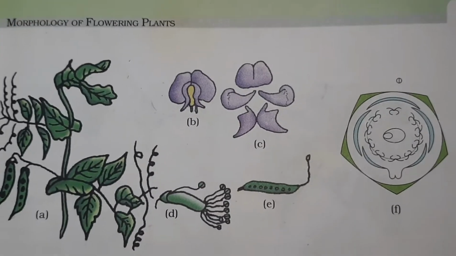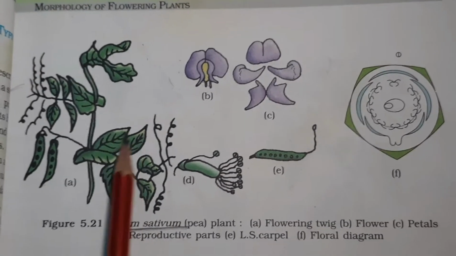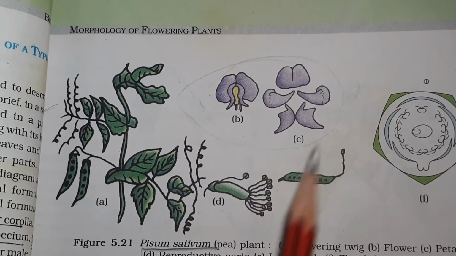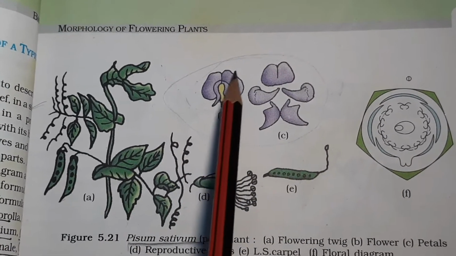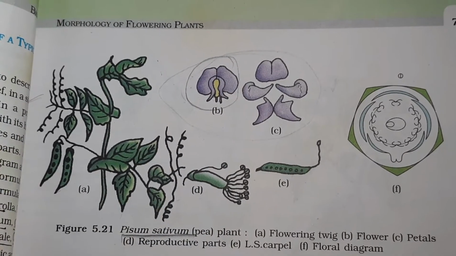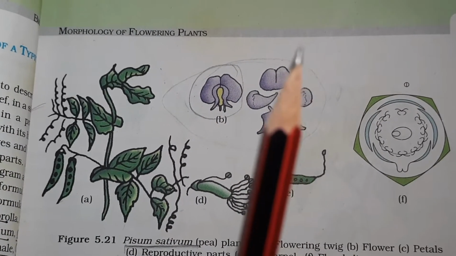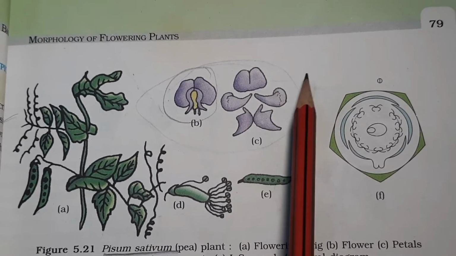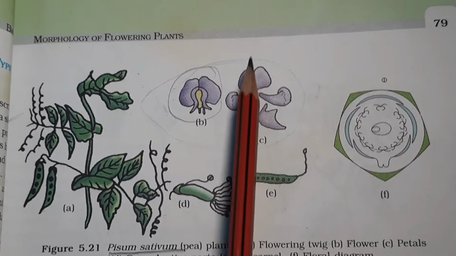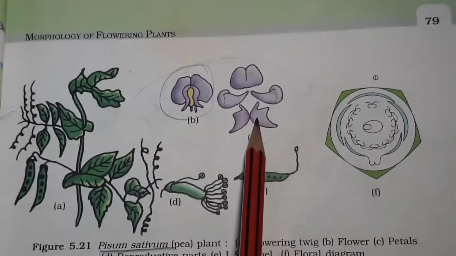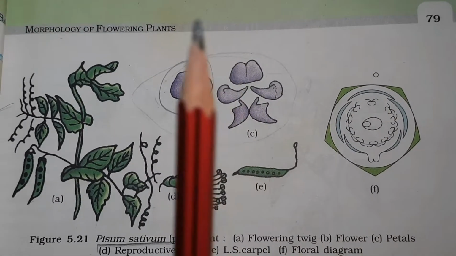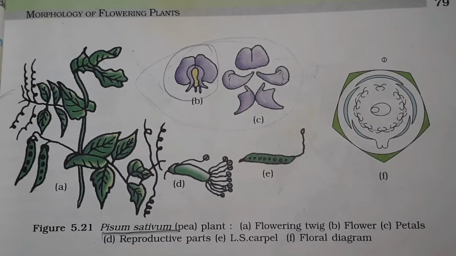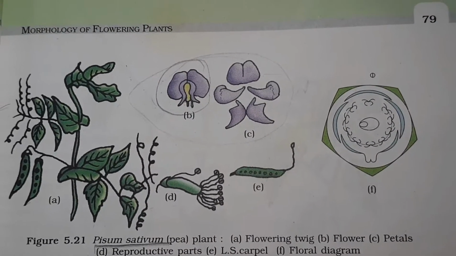Okay, so first of all, in this diagram you can see this is a pea plant and this is the flower of a pea plant. The flower looks something like this, and when we dissect the flower and distribute its petals in different fashion, then we can see there are 5 petals in the flower, from which 2 are united, 2 are free and another one is solitary.